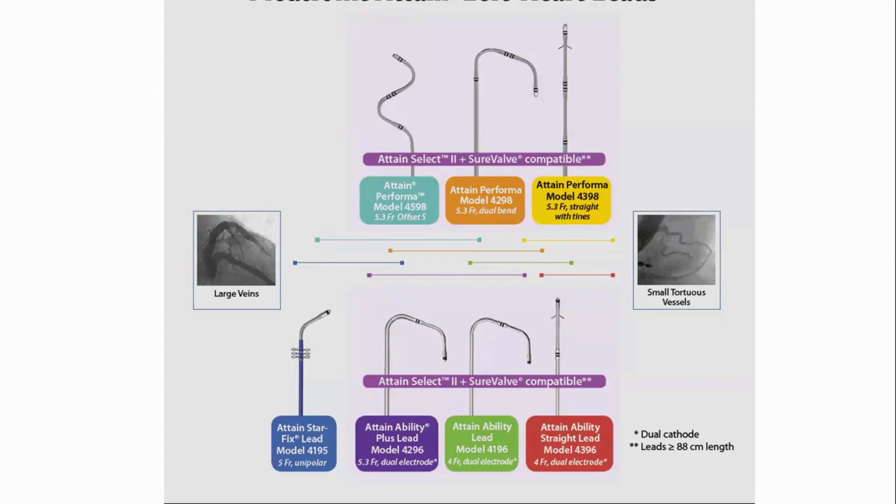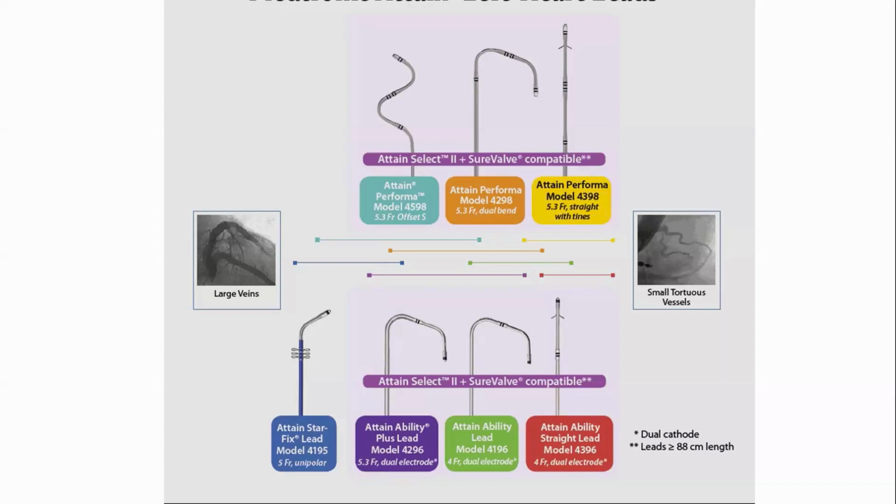This is just pictures of one of the company's leads, but the concepts are similar. We have different sorts of leads, and when we talk about quadripolar leads, we generally have the 4598 and 4298, the choice between the two in most cases these days.